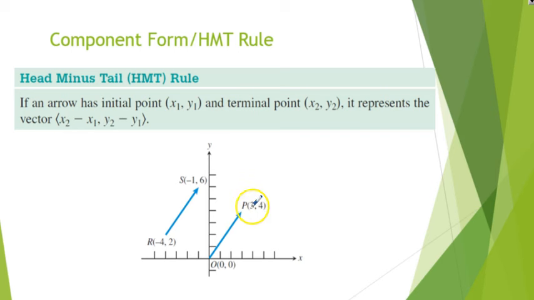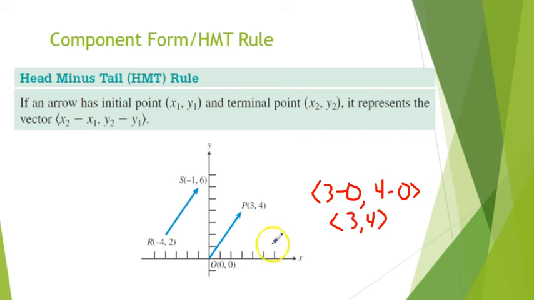So in this case, if you did 3 minus 0, comma, 4 minus 0, and then simplified this, that would be telling me that the component form of this vector is ⟨3, 4⟩. So now I know that this line here is going right 3 units and up 4 units.